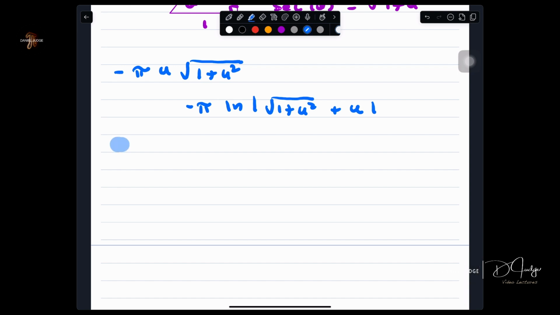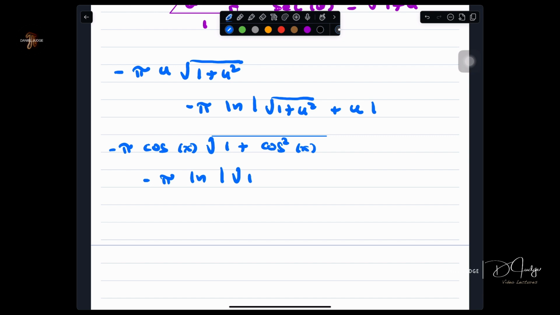So I have negative pi cosine x square root of 1 plus cosine squared, minus pi natural log absolute value square root of 1 plus cosine squared plus cosine.